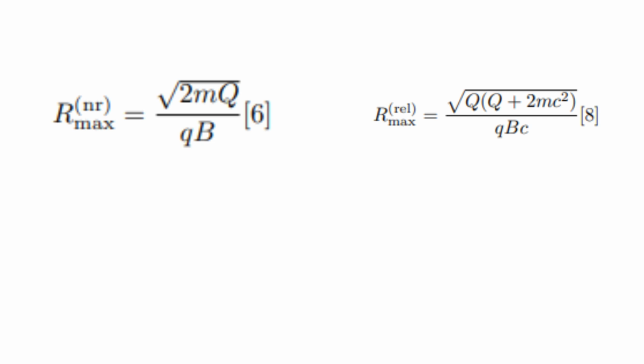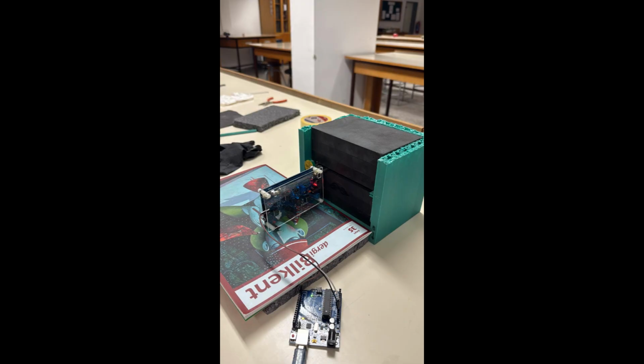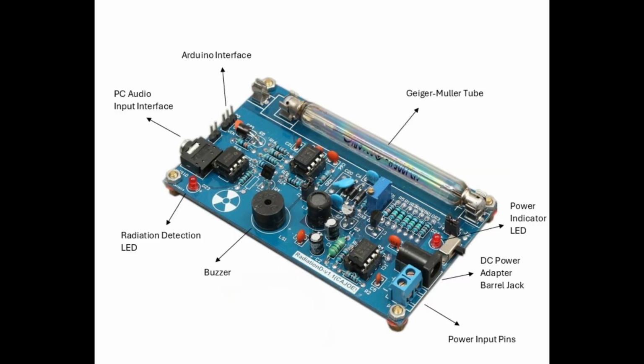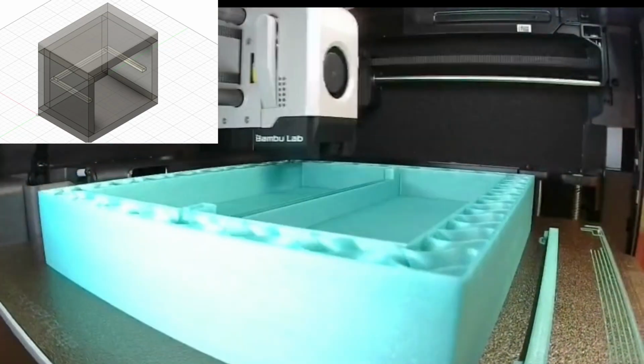And this is our setup. We created the setup with 6 stacked ferrite magnets that generate a strong uniform field of around 80 millitesla. We also built a Geiger-Müller counter for detecting the beta radiation, and designed a 3D printed PLA housing.